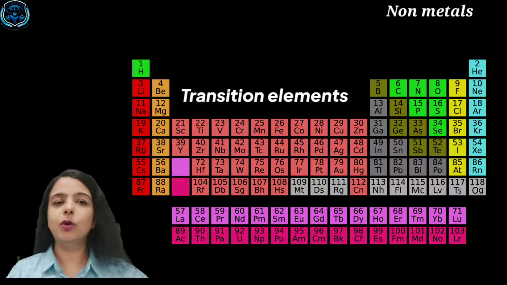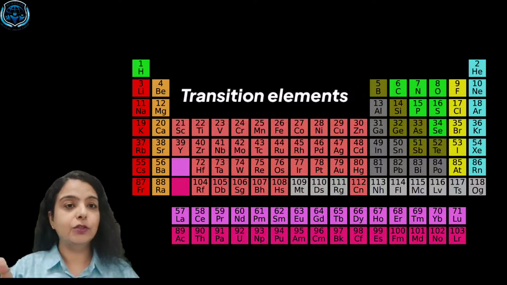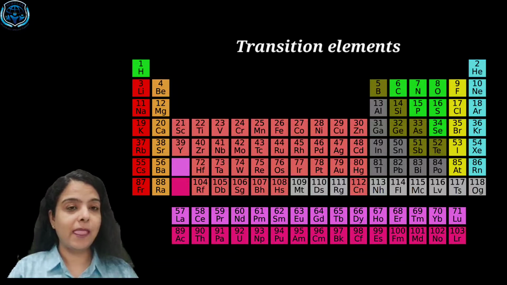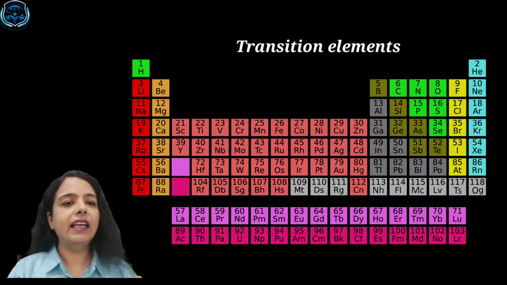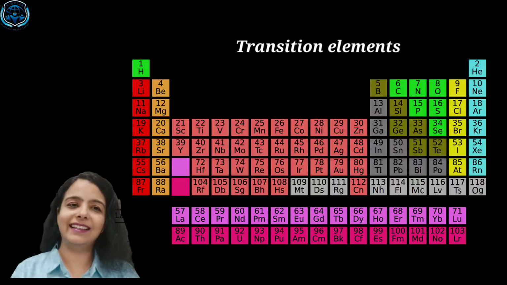And non-metals are grouped on the right hand side of the periodic table. The transition elements or transition metals are grouped in the middle. That means a change. The properties of these metals are different from alkaline earth metals and alkalis.